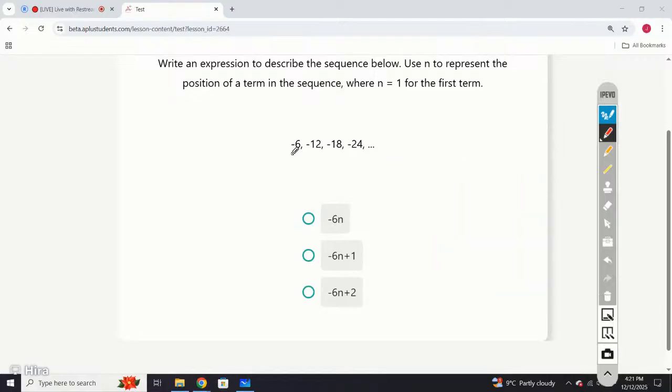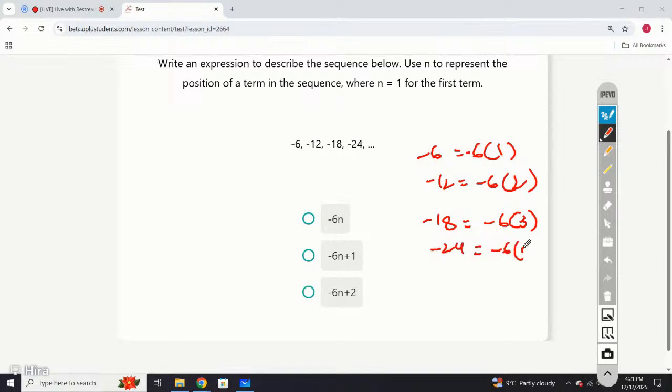So negative 6, we need to start with n equals 1. That is 6 times 1 with a negative sign. Negative 12 is negative 6 times 2, negative 18 is negative 6 times 3, negative 24 is negative 6 times 4.